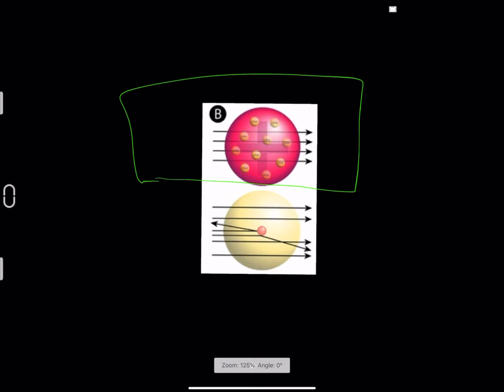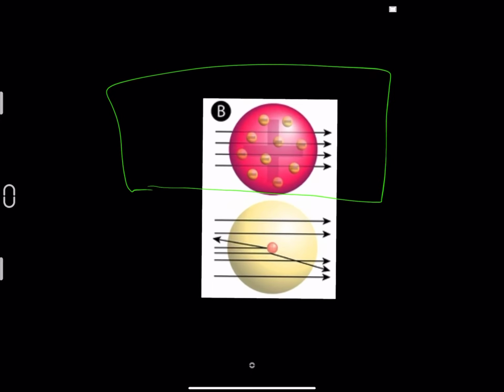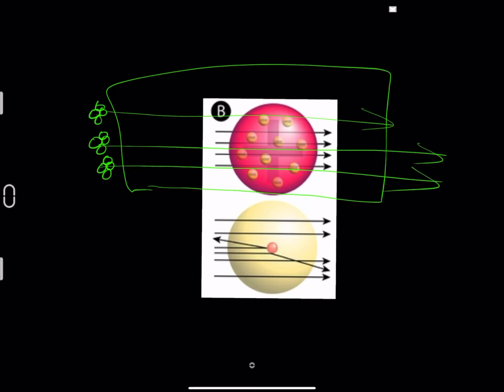So they were expecting that if we were to fire our alpha particles, so let's say these are our alpha particles, through the plum pudding model, through the atom, we should see this, where the alpha particles do not deflect or deviate from their trajectory, and they pass through the atom in this way. If they had collected data in this manner, this would have substantiated the plum pudding model.